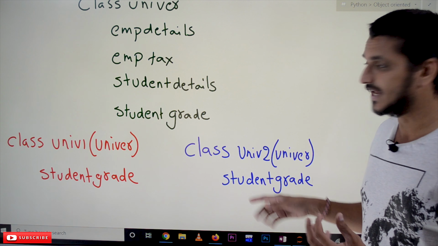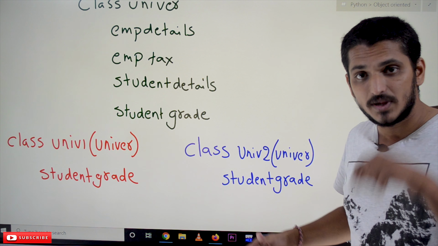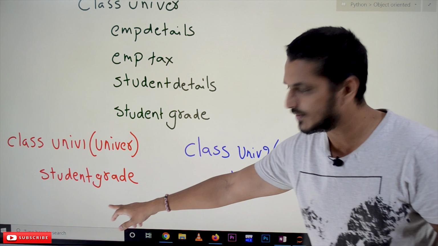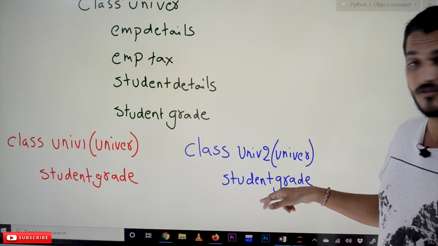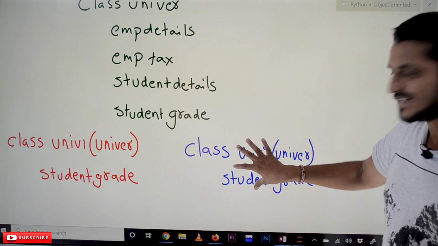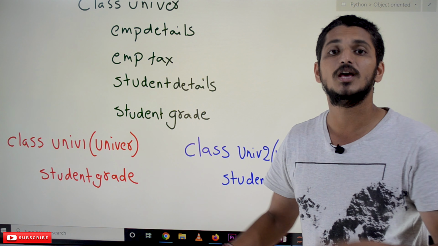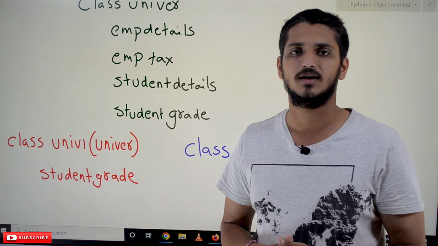That is why any class that inherits this abstract class should compulsorily implement the abstract methods. Here we implement the logic required for University 1, and here the logic required for University 2. That is how we develop the applications.